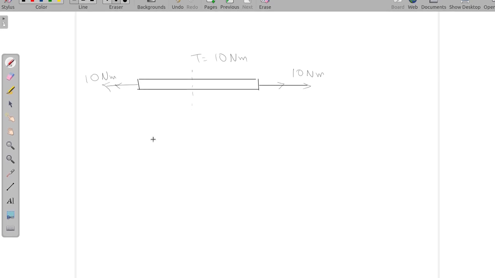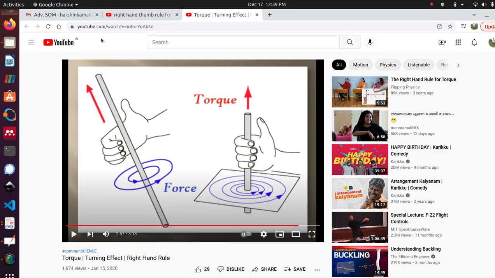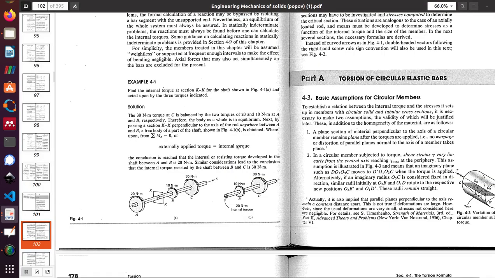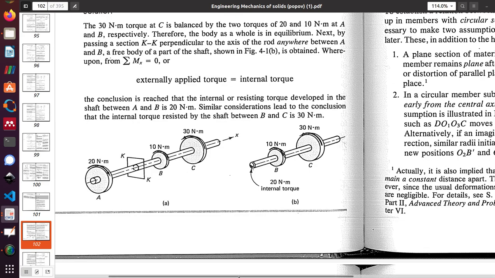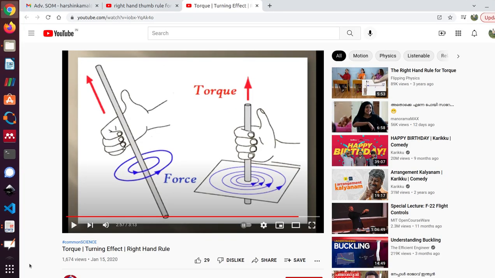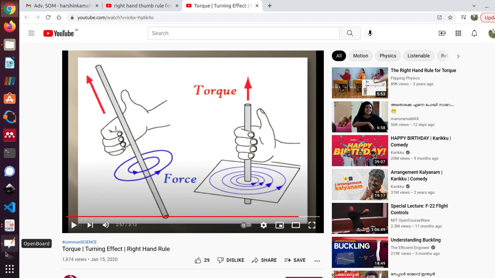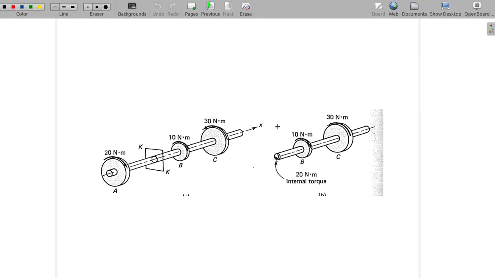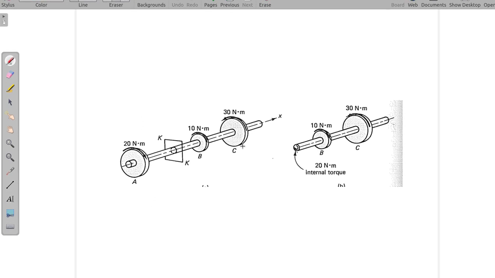So a better figure will be this one. You have a shaft ABC, and you are applying a torque here, here and here.